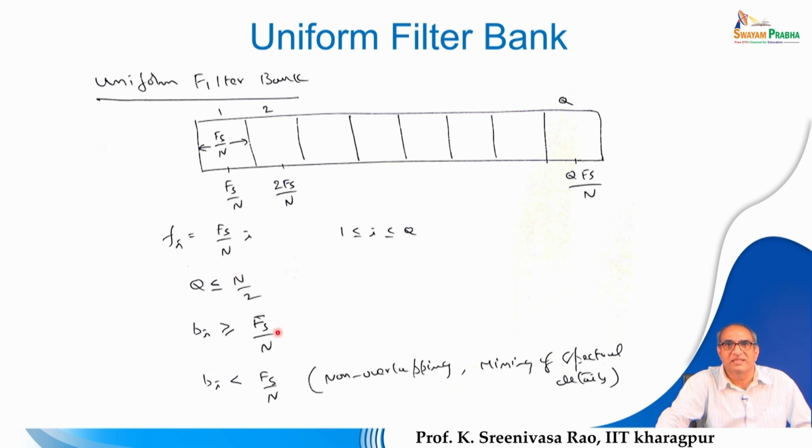Here Bi is Fs by N, and if the bandwidth is more than Fs by N, it means the filters are overlapped. If the bandwidth is less than Fs by N, then it is a problem, because the filters are not overlapped and we are missing some frequency content of the speech signal.